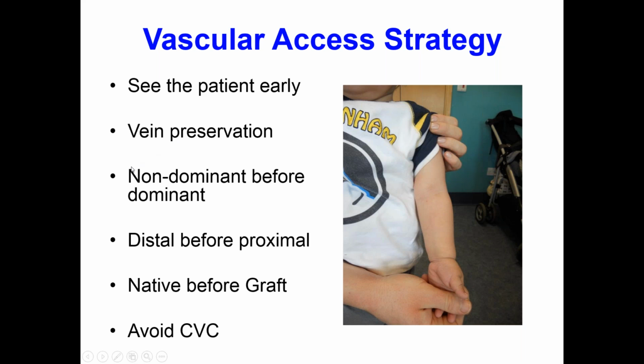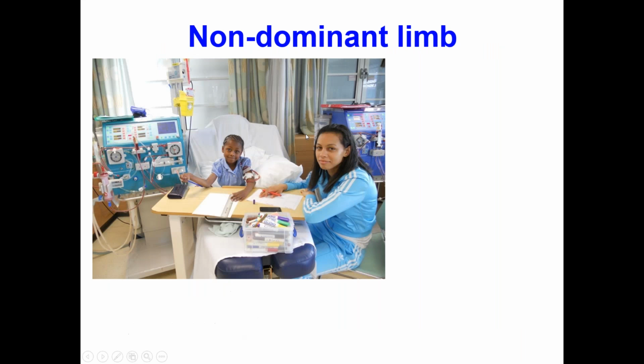We always try to use the non-dominant arm before the dominant arm. We prefer to do a distal before a proximal fistula, always a native fistula, as in an AVF, before an AVG, and where possible, avoid central venous catheters. The non-dominant limb is an important concept.